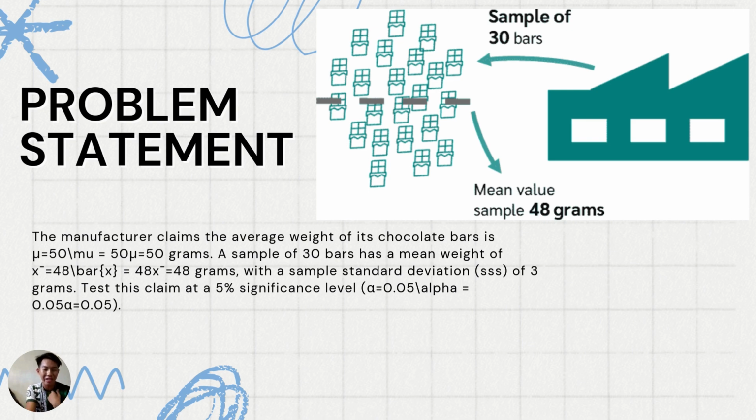A sample of 30 bars has a mean weight of 48 grams. So at a 5% significance level, the alpha equal 0.05.